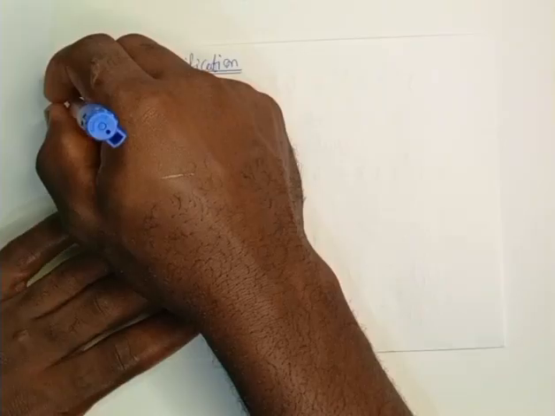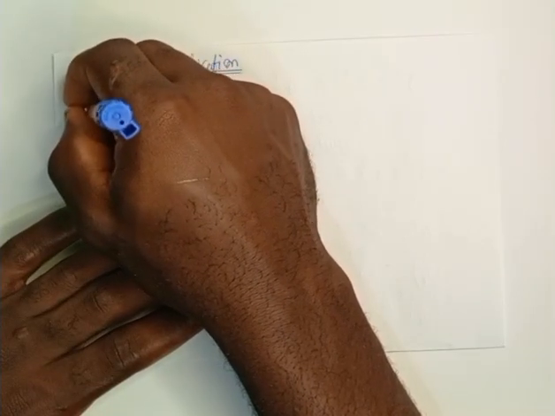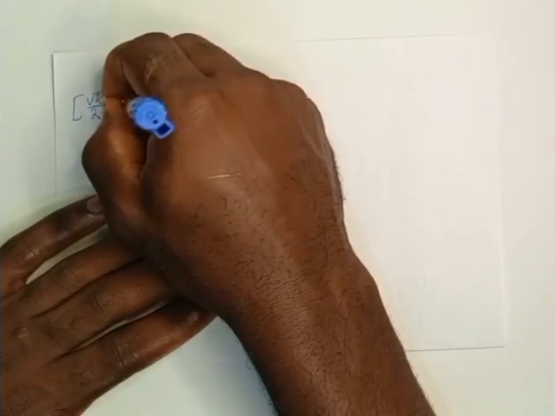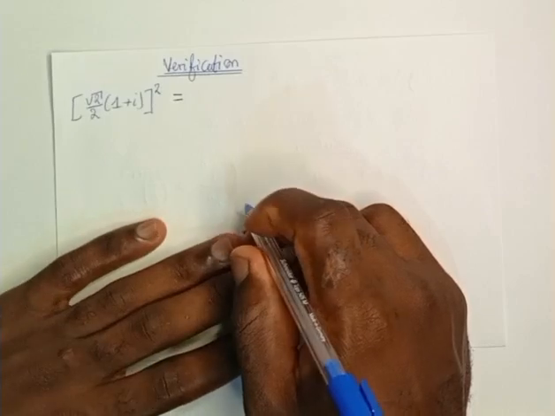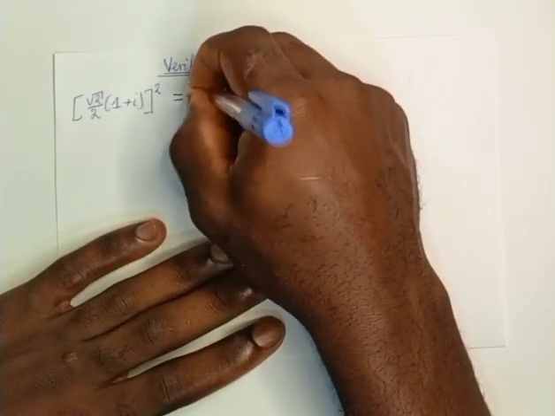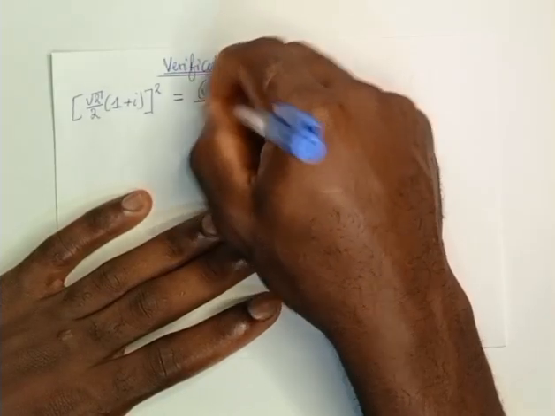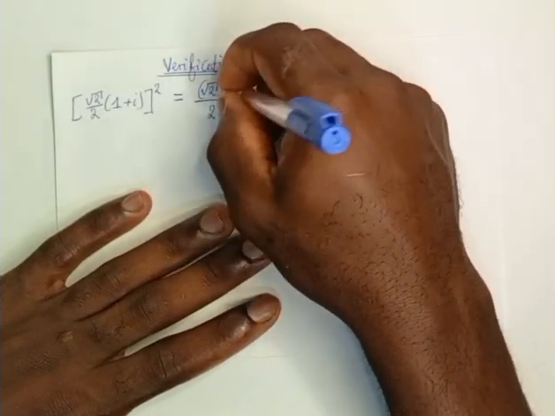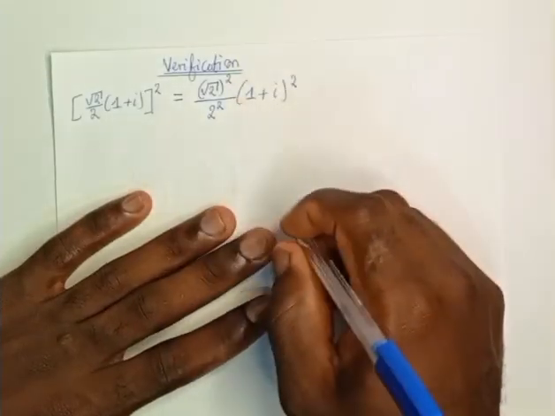First, we have to square root 2 over 2 times 1 plus i. This will be equal to root 2 squared all over 2 squared times 1 plus i all this squared.